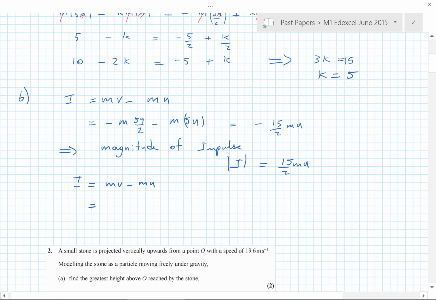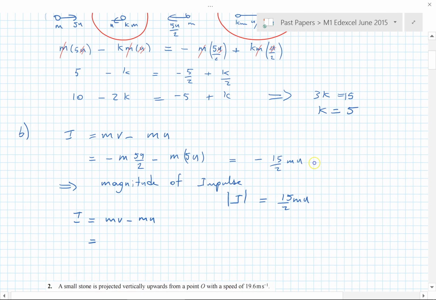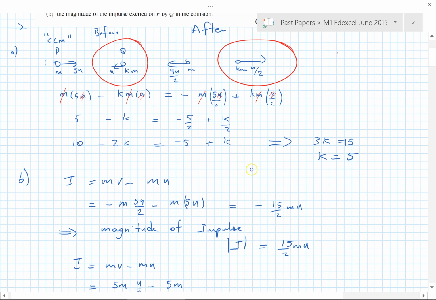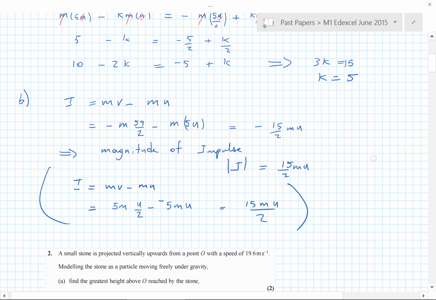Now in this case, the final velocity is u over 2, and that is positive, the mass is km, so it's km times u over 2, take away km times negative u, and we would have got 15mu over 2. We obviously don't need that, but that can be used as a check, if we've chosen to apply the impulse equation on Q.